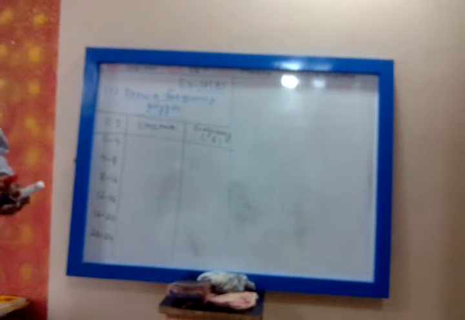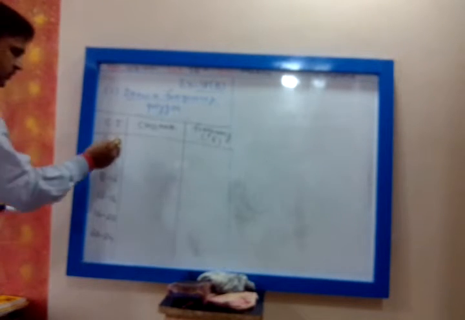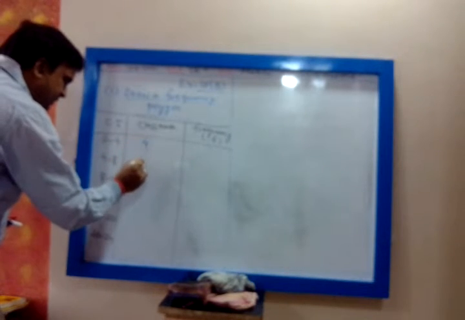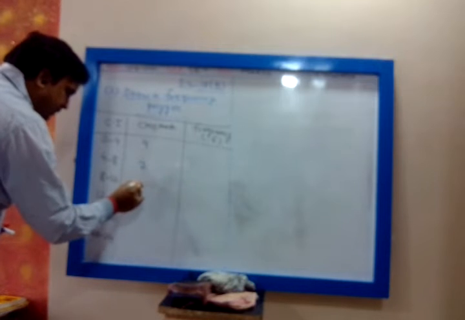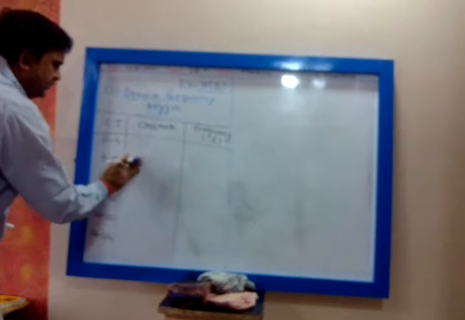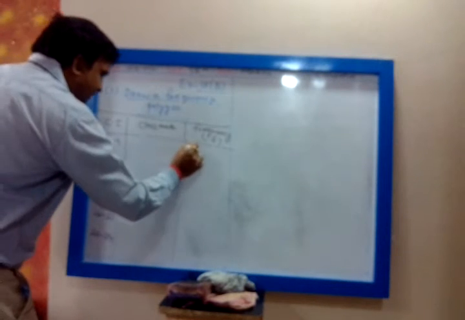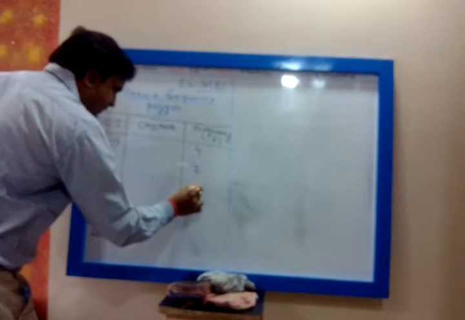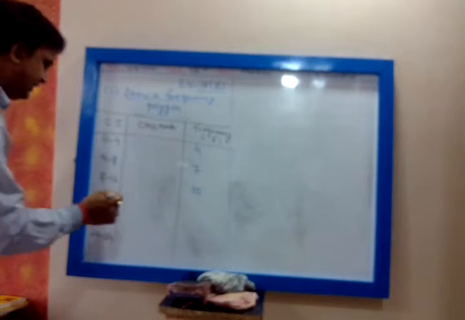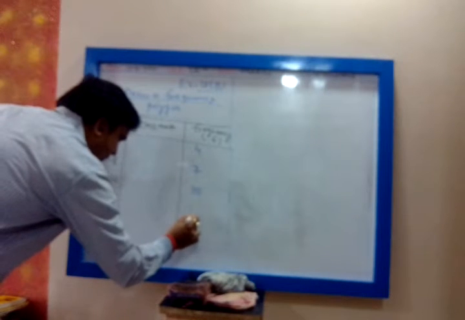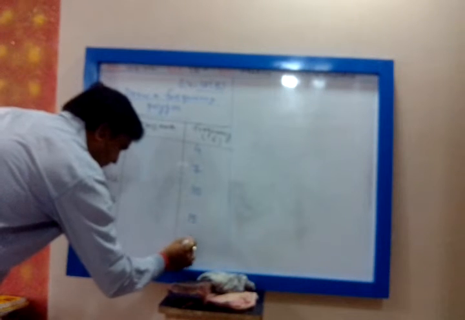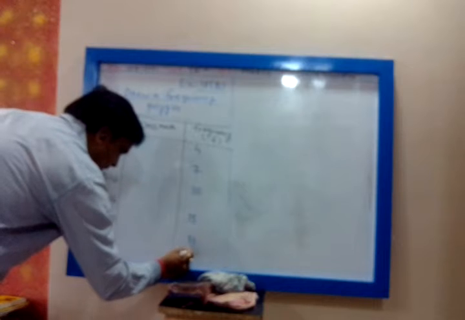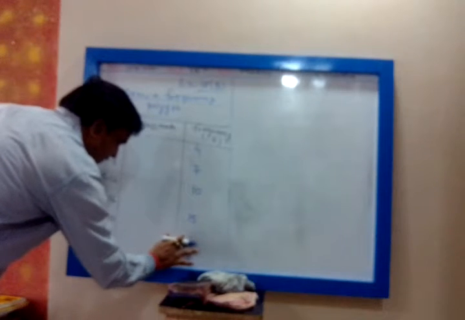The frequencies are given: 4, then 7, then 10, 15, 11, 6.